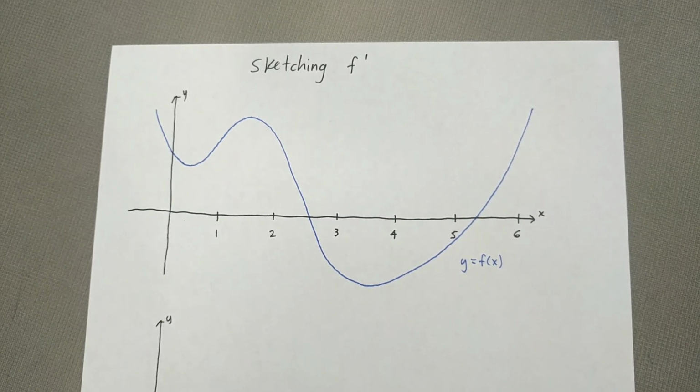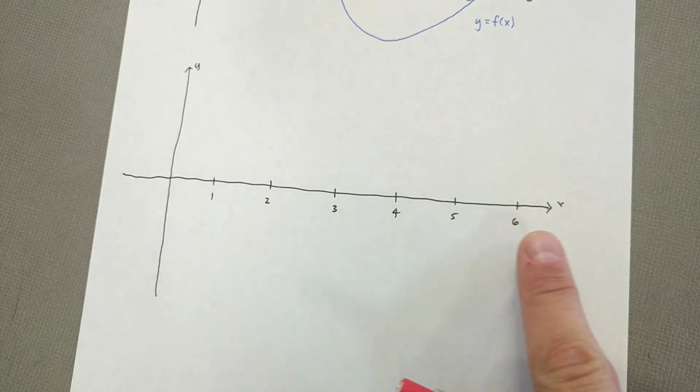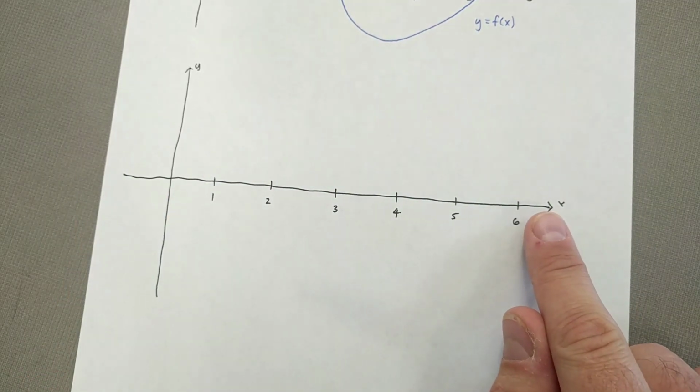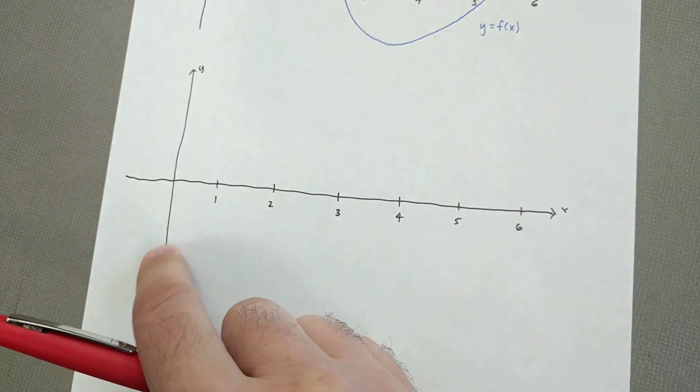And the way we figure that out is through the definition of the derivative. The derivative is the instantaneous rate of change, or the slope of the tangent line, the slope of the curve, basically. So the easiest thing to figure out first is, when will f prime intersect the x-axis? Well, that happens when the output value is 0.